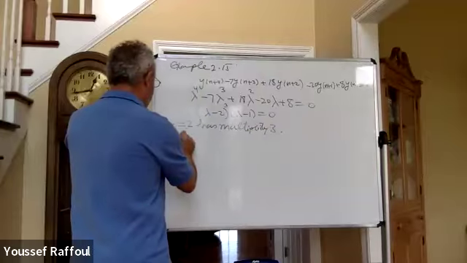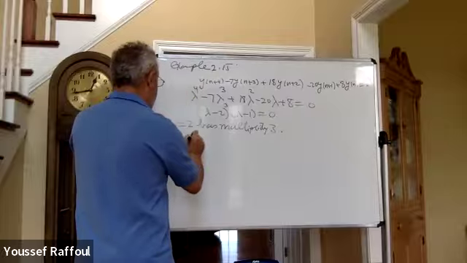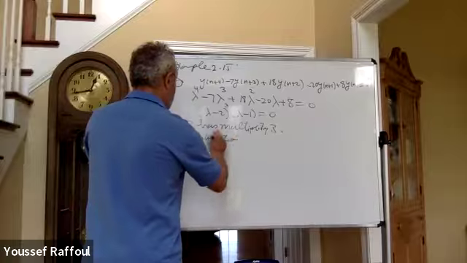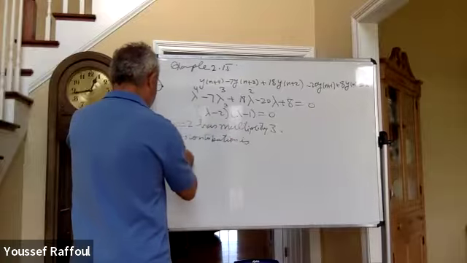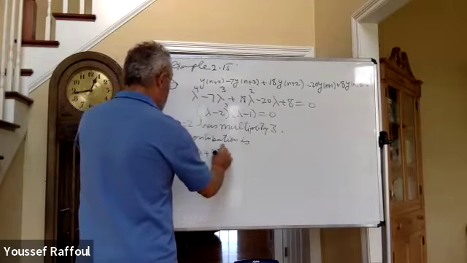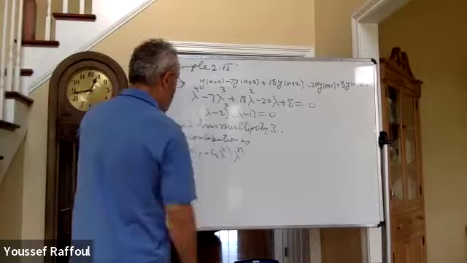So its contribution is C0 plus C1 n plus C2 n squared times lambda to the n.